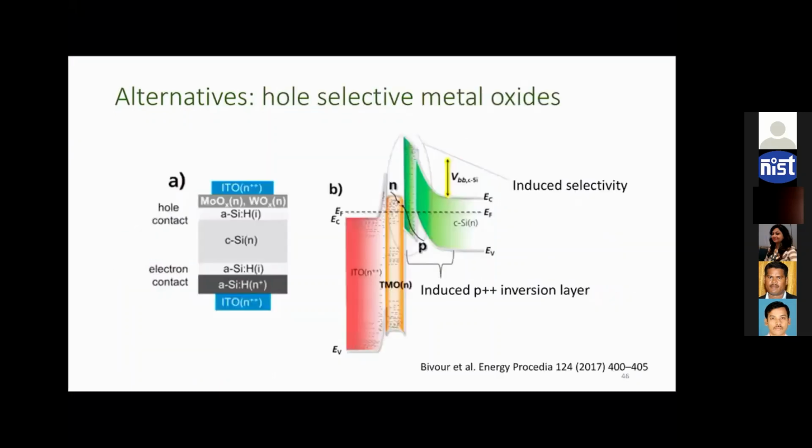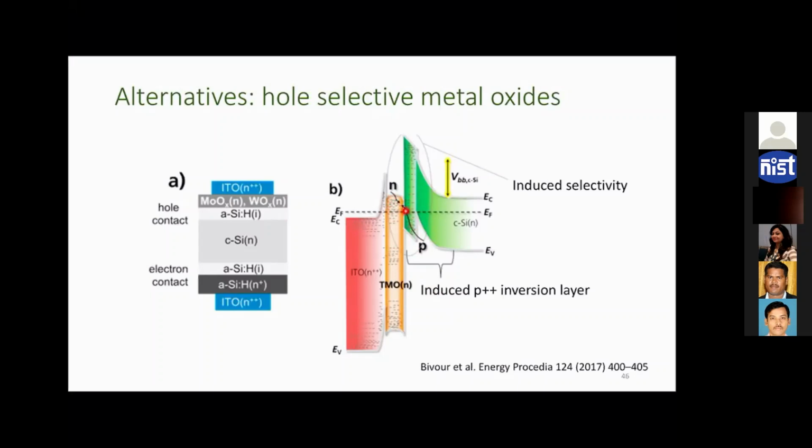Now here, because of this induced p++ inversion layer, as we have seen in the case of p amorphous silicon and crystalline silicon, the valence band edge of the silicon and the conduction band edge of the metal oxide align.